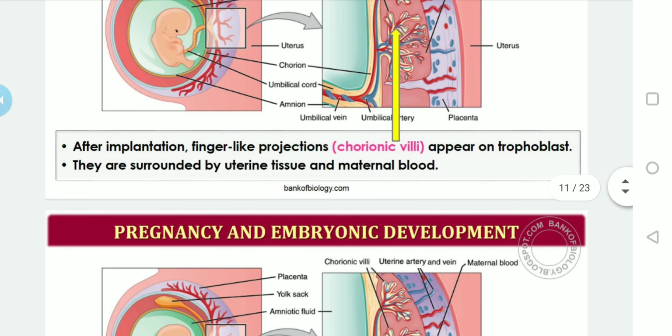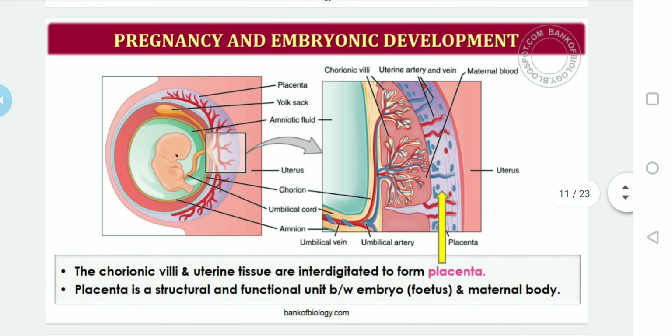So here, as I said, what will happen next? The chorionic villi and uterine tissue become interdigitated. Interdigitate means they are associated with each other.